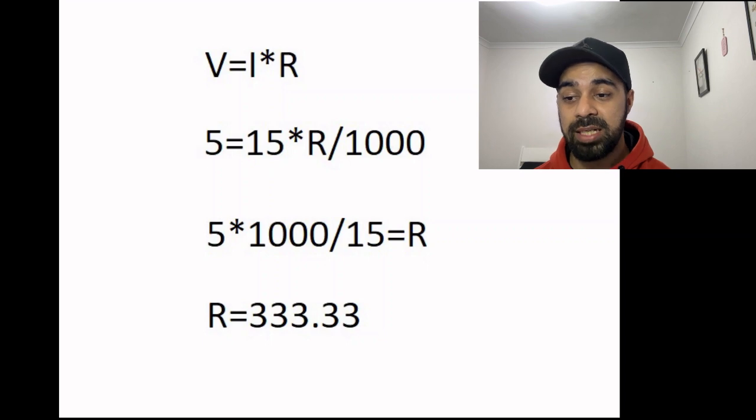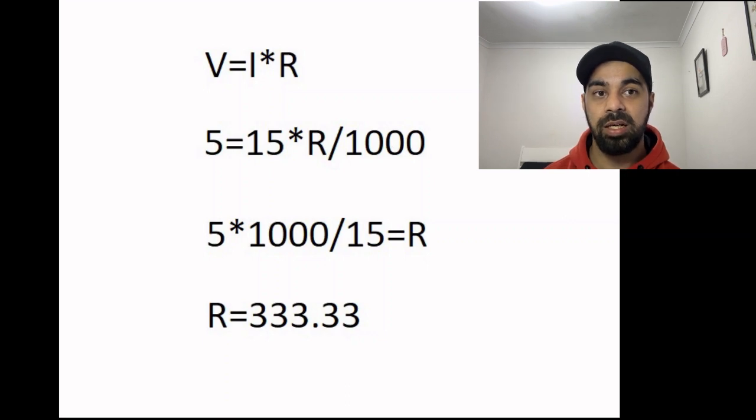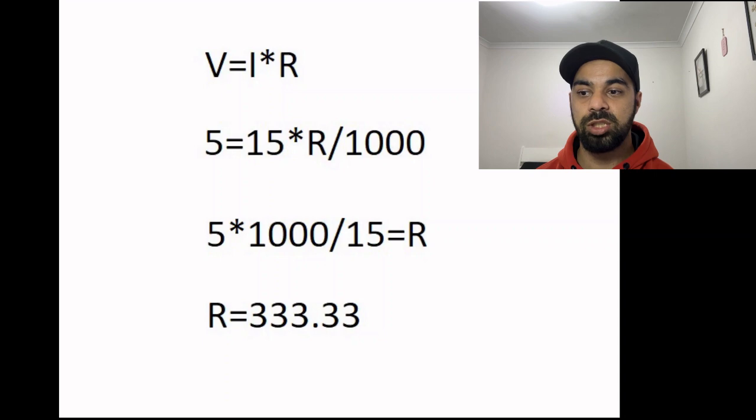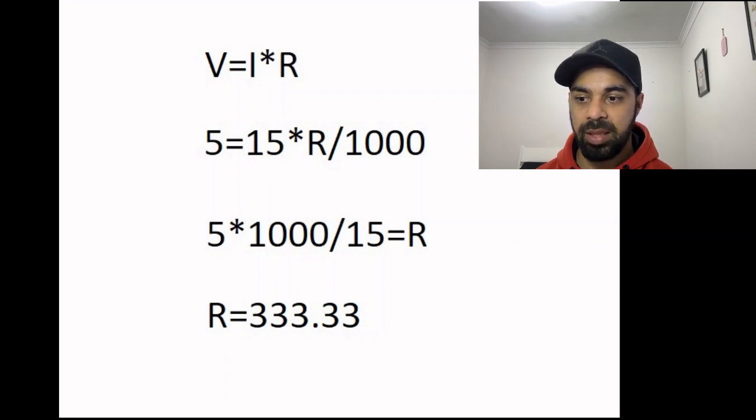So 15 multiplied by R, and we are dividing it by 1000 because this is milliamps. Milli is divided by 1000, otherwise our other units were just going into volts and ohms, so we have to convert back into amperes, which would be roughly 0.015 amps, or we can just go 15 multiplied by R divided by 1000.